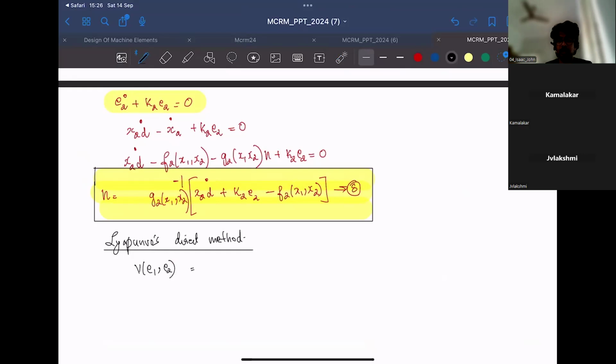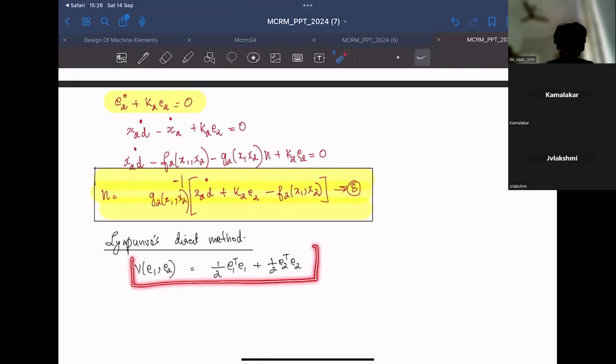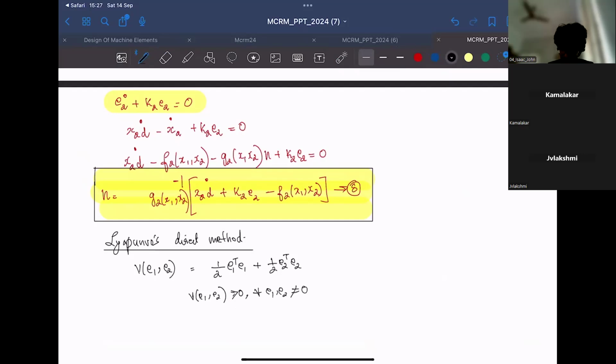It can be any function. Maybe I can have this function as E1 transpose E1 plus half E2 transpose E2. The criterion for selecting this function is that it should be positive definite everywhere, like v of E1 comma E2 should be greater than 0 for all E1 comma E2 not equal to 0.